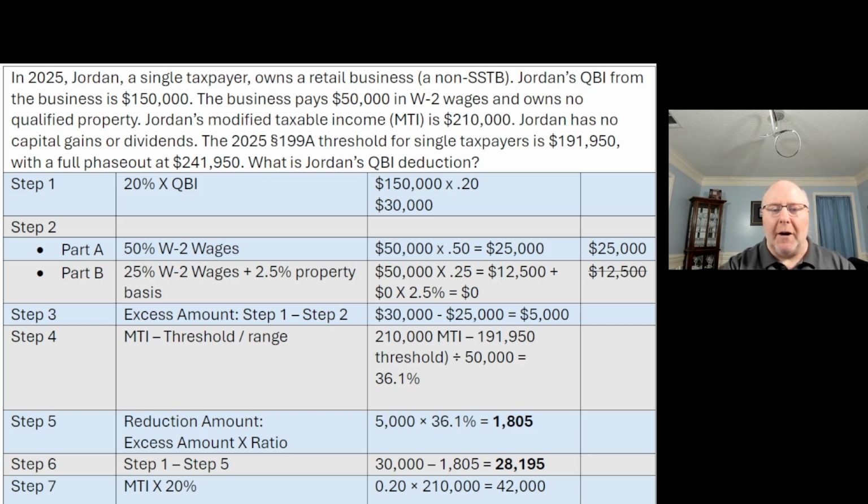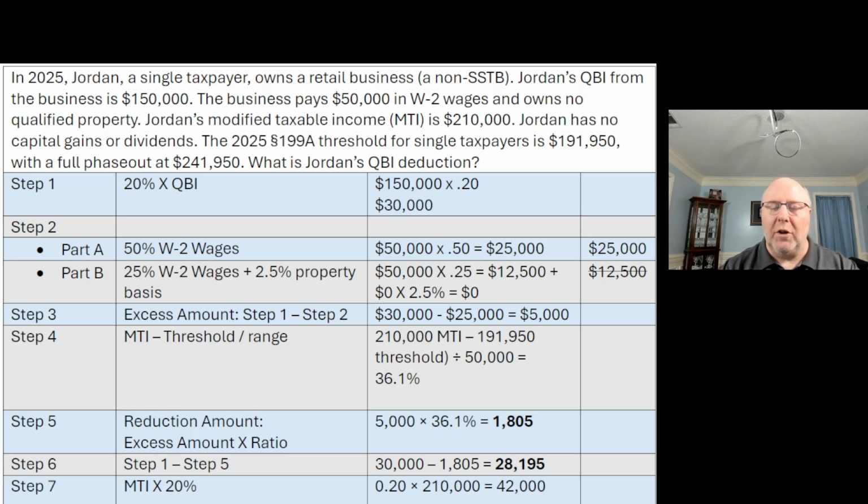We're going to compare Part A and Part B and take the greater of the two. Well, 25,000 is greater than 12,500, so we're going to have 25,000 as our answer for step 2. So we took our $25,000.